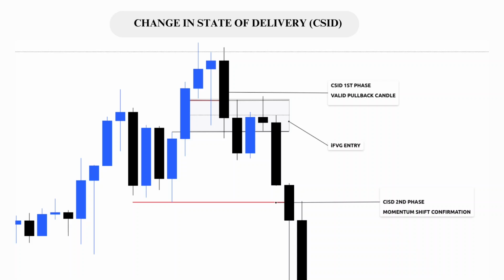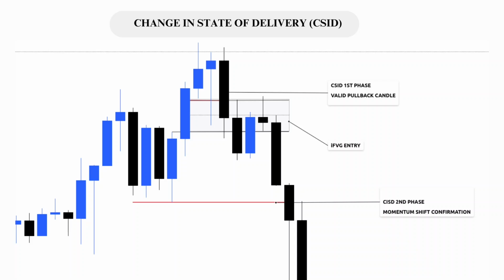So that shift, that moment the market is shifting direction, is what we refer to as change in state of delivery. It means the market is changing momentum from being bullish to being bearish, or from bearish to bullish, or from bullish to consolidation.